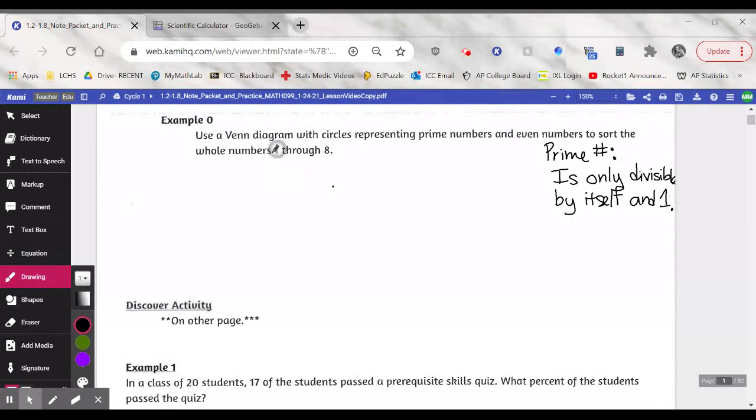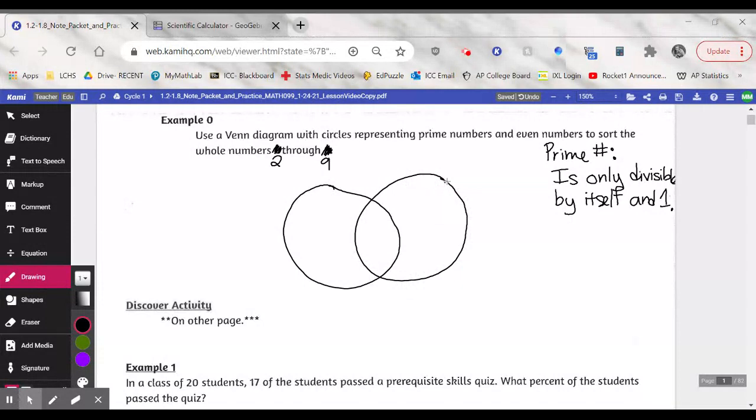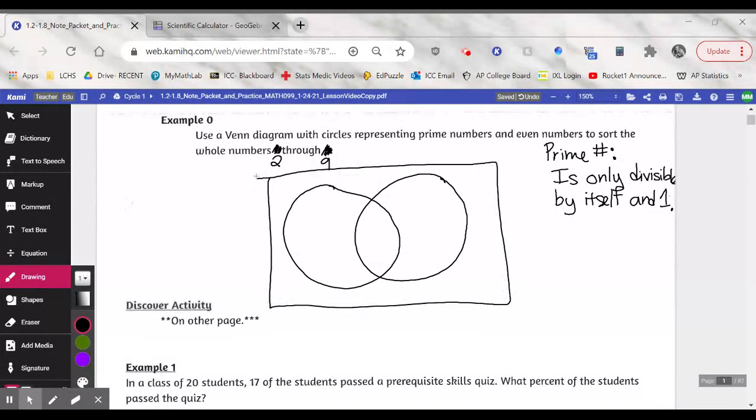I'm going to change this to the numbers 2 through 9 just to make it a little easier. First we create our 2 circles, and we want them to overlap because some numbers belong to both circles. And we create a box around it. Your box is super important. Don't forget to create that box around the 2 circles.